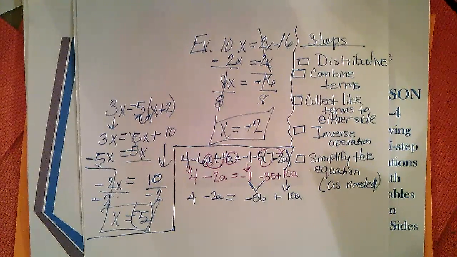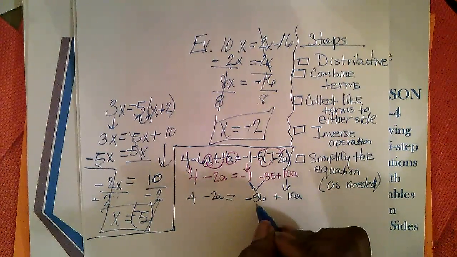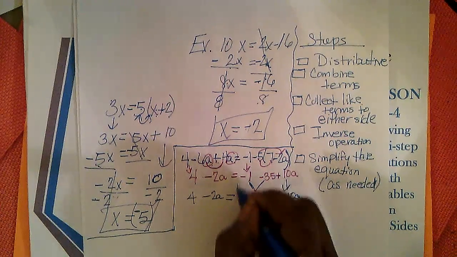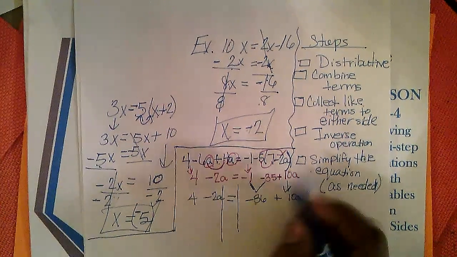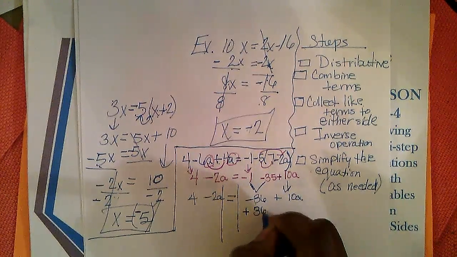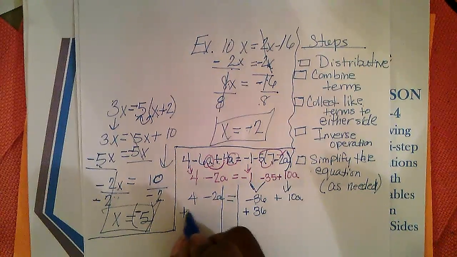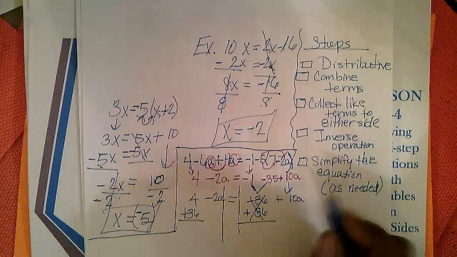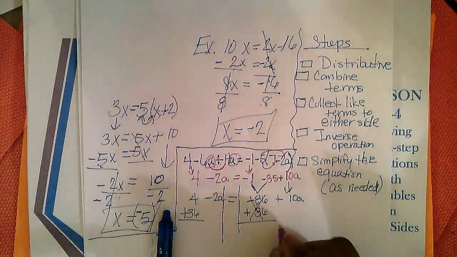All right, so let's move the 36 over to the other side. If it's negative, we do the opposite, which is positive 36, and then we put positive 36 on the other side. That's going to cancel out, leaving us with 10a.